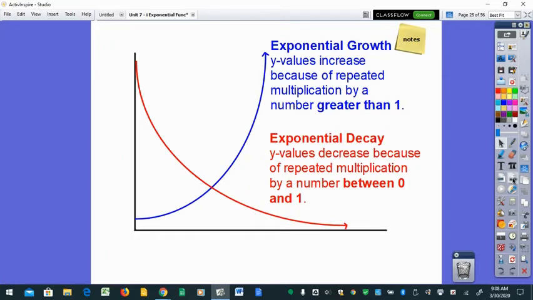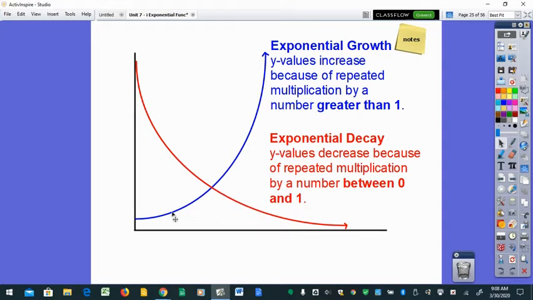So here's an example of how the graphs look. You're going to remember that we've been talking about exponential growth, and right now it's in the news pretty heavily about this idea that all of a sudden an exponential growth will kind of take off. And if you notice over here, the exponential decay is kind of doing the opposite, where it's dropping rapidly and then kind of levels off.